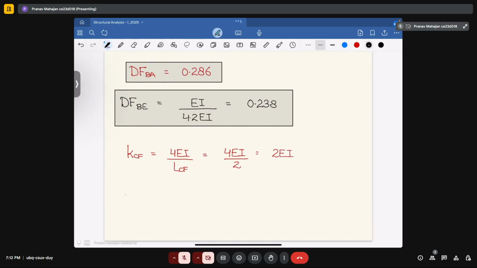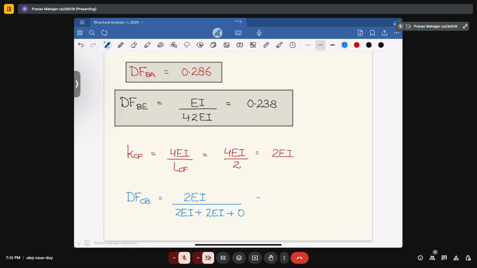So the distribution factor for CB will come out as K of CB, which is equal to twice of EI, divided by twice of EI plus, for CF it is again twice of EI, and third for CD that will be equal to 0.